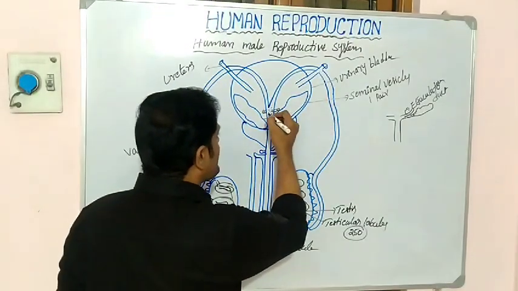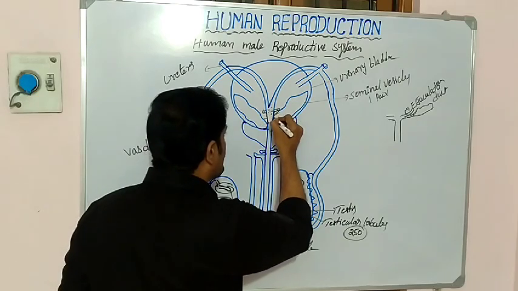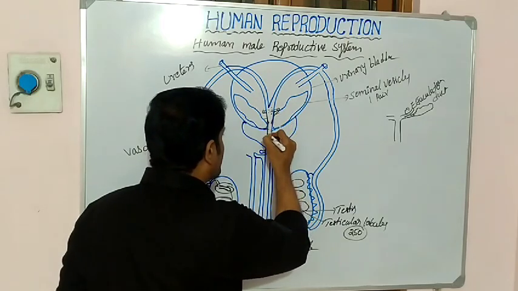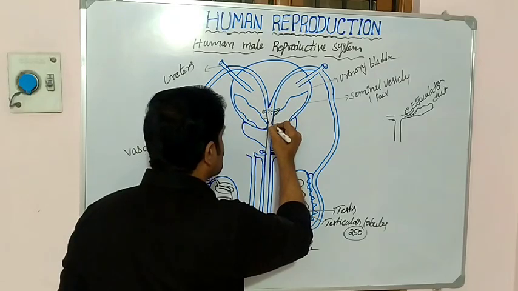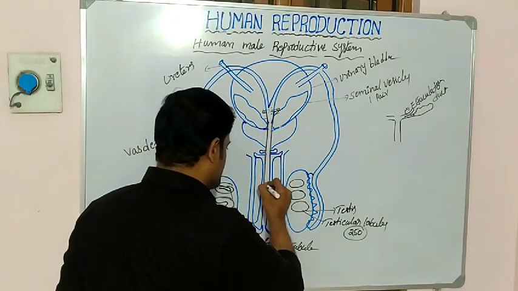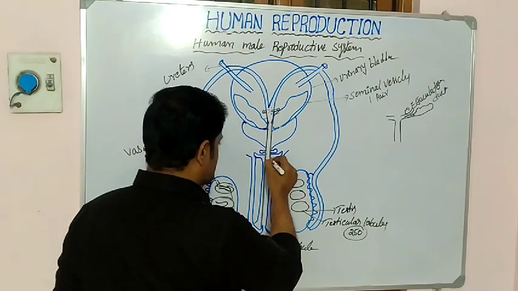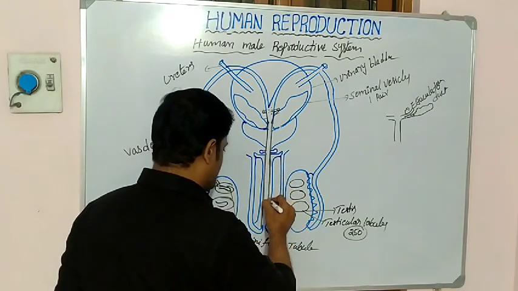And this ejaculatory duct opens into a long tube-like arrangement. This long tube-like arrangement is called the urethra. See, this is a long tube coming from the ejaculatory duct.